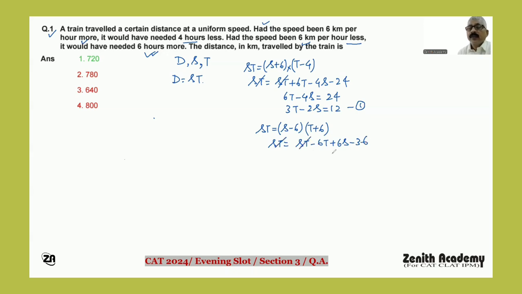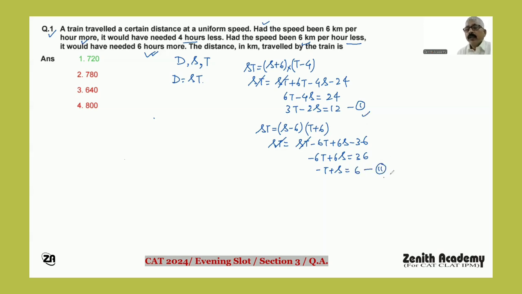This and this cancel. It is minus 6t plus 6s is equal to 36. Here 6 is common, so it is minus t plus s is equal to 6. This is equation number 2.